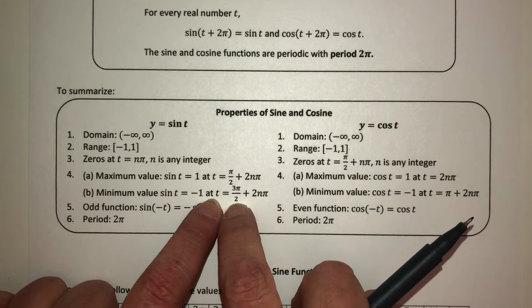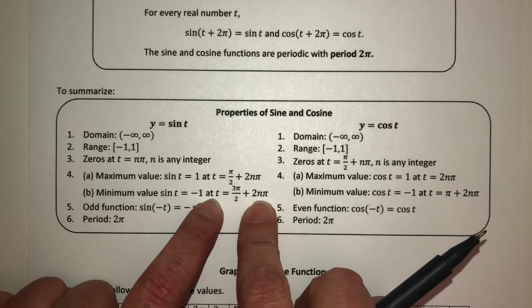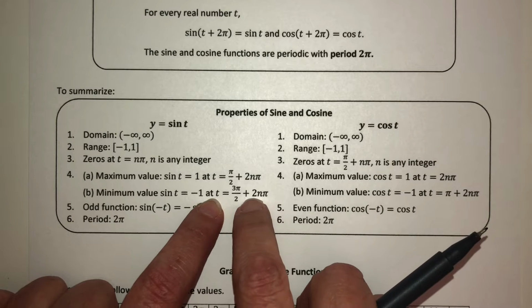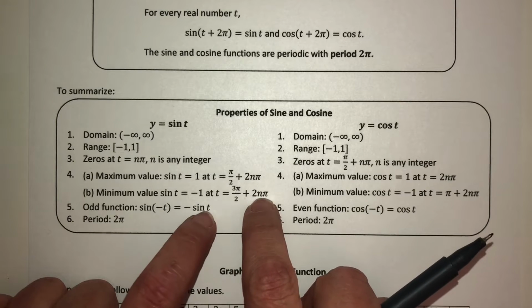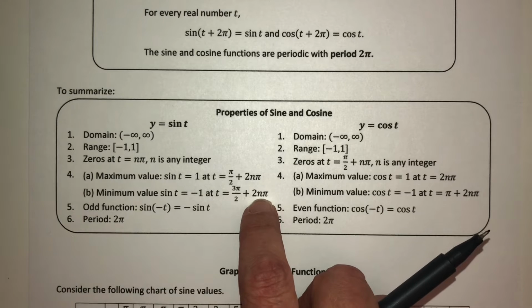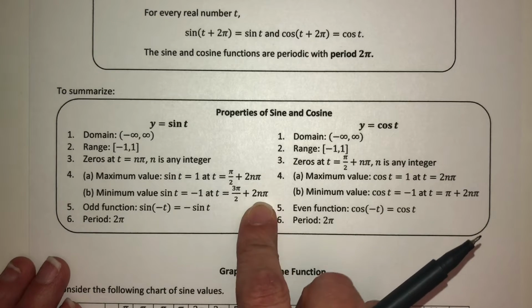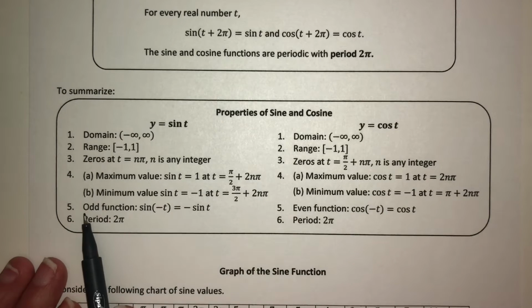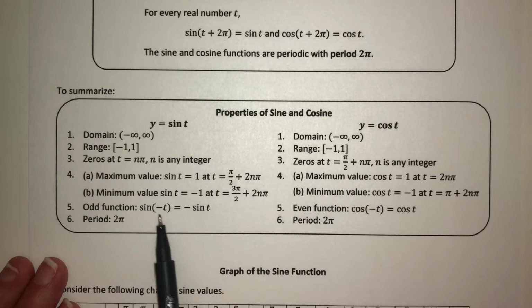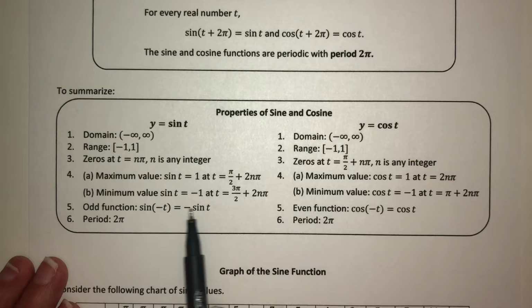And we know that that's going to repeat for every trip around the circle. So for every multiple of 2 pi, we've got it. Okay? We know that we have an odd function, which means that sine of -t is the same as pulling the negative out front and sine of t, and the period is 2 pi.